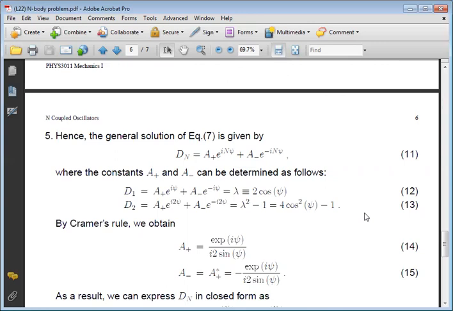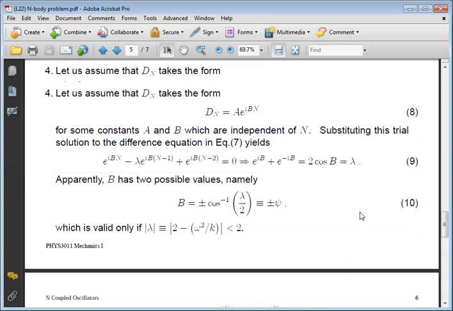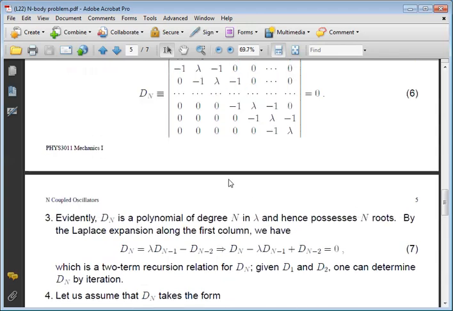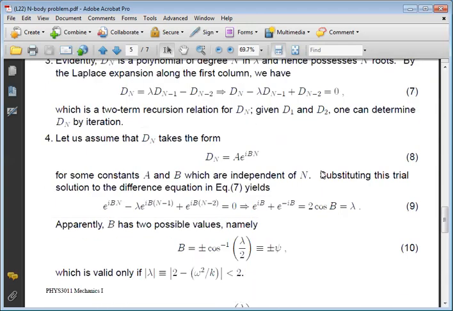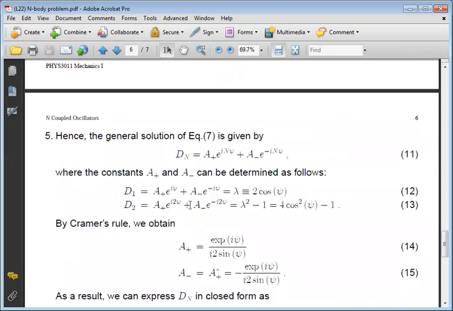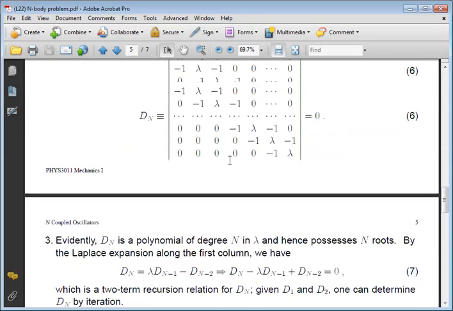D1, when n is reduced to 1, then we have lambda only, 1 by 1. So D1 equals lambda, which equals 2 cosine psi. D2, if we look at the two-dimensional case, this one, the two-dimensional case.